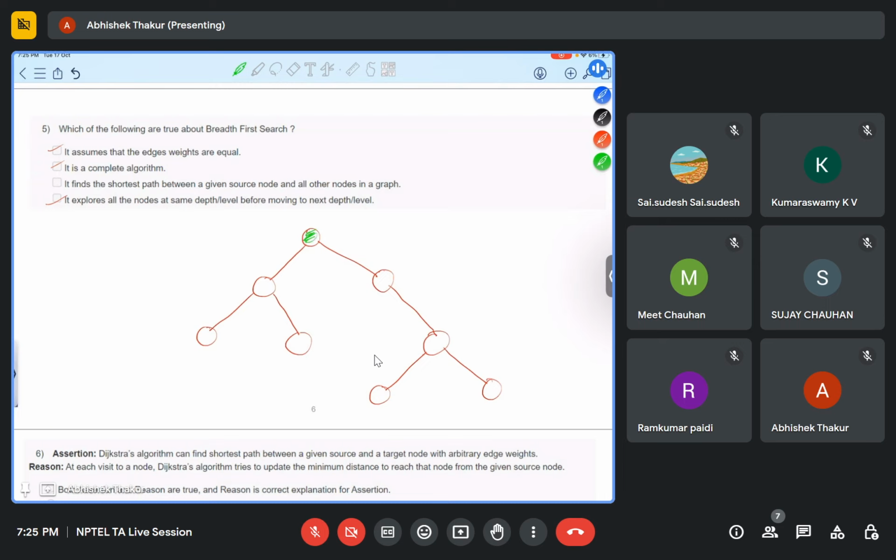So this is our source. Okay. So first what it will do, it will go to the nearest node, this one and this one.